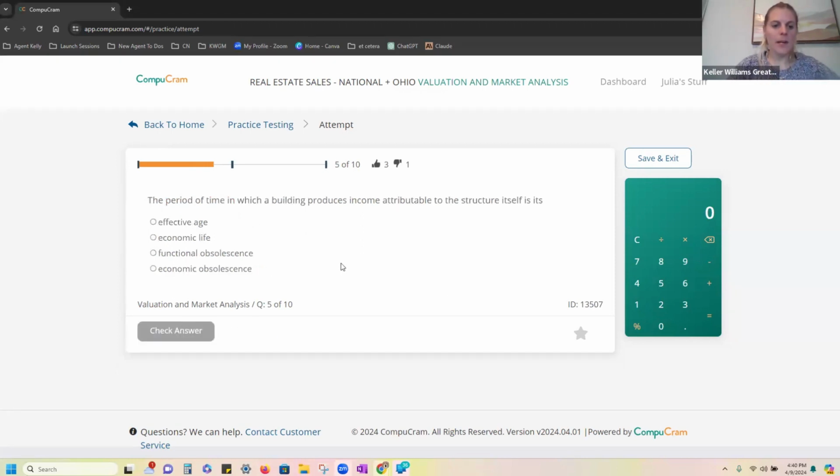Okay. The period of time in which a building produces income attributable to the structure itself is its A, effective age, B, economic life, C, functional obsolescence, or D, economic obsolescence. So the period of time in which a building produces income attributable to the structure itself is A, right, the economic life?